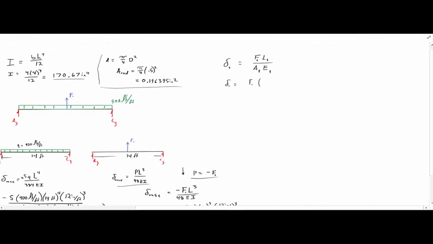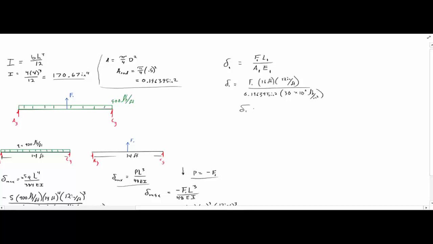So deflection of the rod is then going to equal our force, F sub 1, multiplied by the length of the rod, which if you look at our diagram here, length of the rod is 16 feet. So 16 feet, and do a unit conversion, 12 inches per foot, divided by the area, which we've already determined is 0.196395 inches squared, multiplied by the modulus of elasticity, 30 kips per square inch, but I'll just make it 30 times 10 to the 6 pounds per square inch.